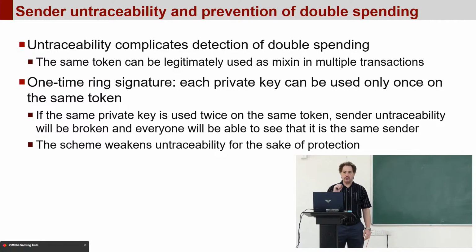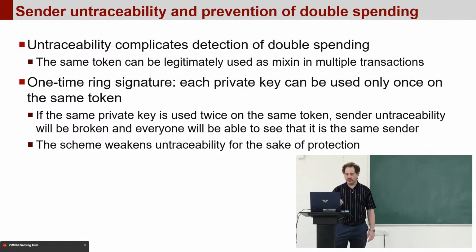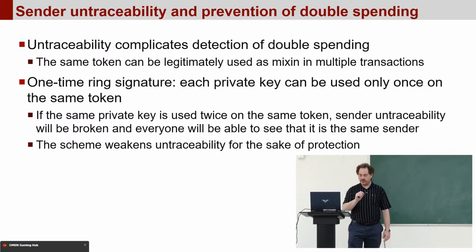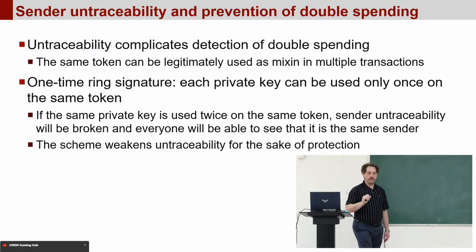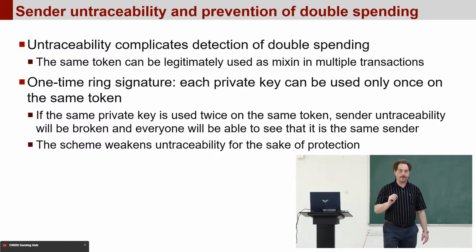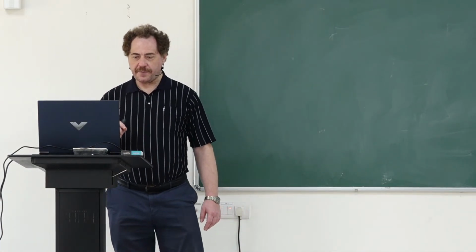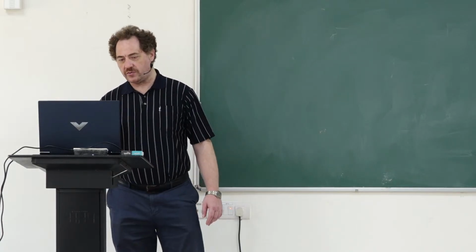In order to provide protection against double spending, Monero uses the concept of a one-time ring signature. It's a modification of the typical ring signature. And in a one-time ring signature, each private key can be used only once for the same token. Okay, so what happens if the private key is used more than once for the same token?